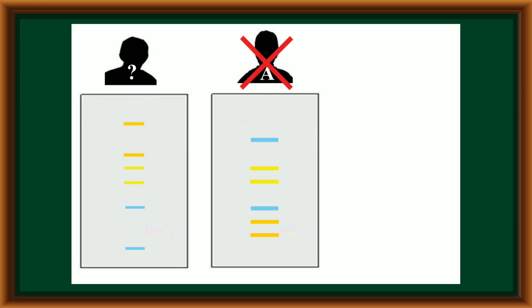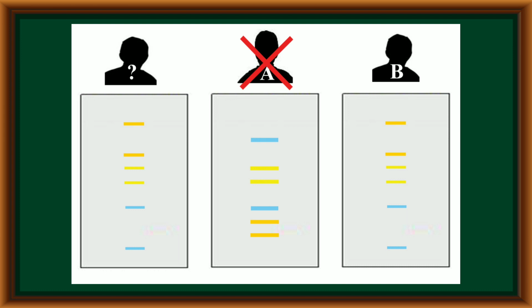In a similar way, this autoradiogram picture is compared with individual B. Now the autoradiogram of the unknown person and individual B's autoradiogram are exactly the same. So now the unknown person is identified as individual B. In this way, by comparing the autoradiogram pictures in DNA fingerprinting, the unknown person's identification is possible.